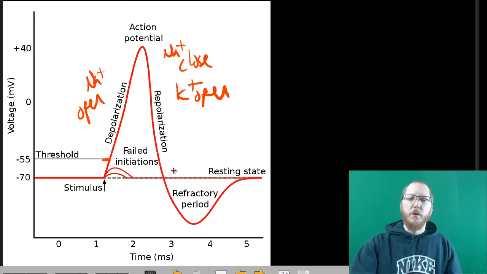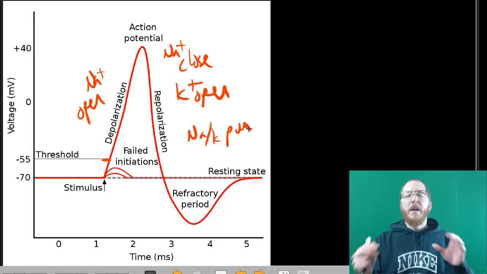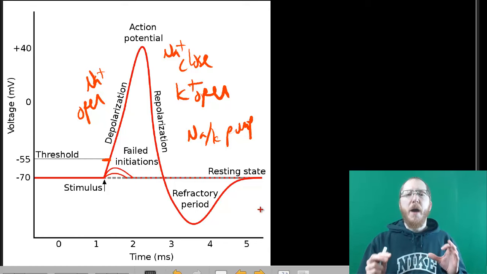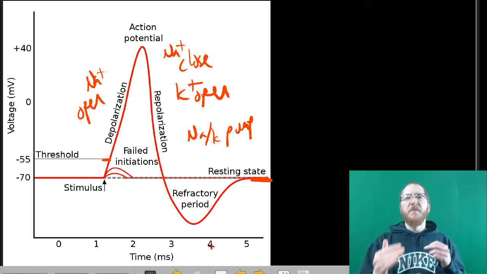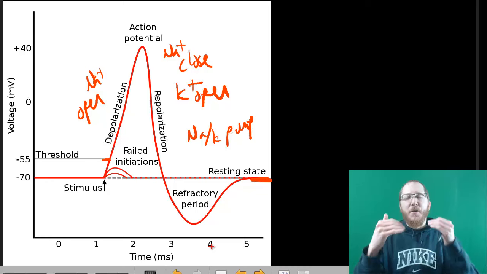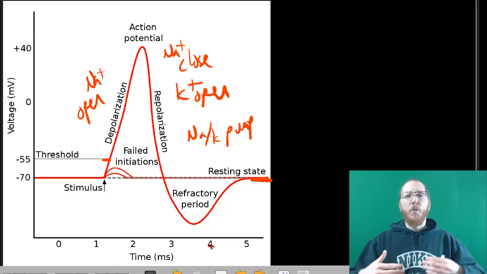You're also going to use the sodium-potassium pump at the same time, to make sure that before you fire again, you get back to this original resting state. We call this lapse the refractory period, where even if we have these shifts, if we don't have an overabundance of Na+ outside the cell and an overabundance of K+ inside the cell, it won't work.